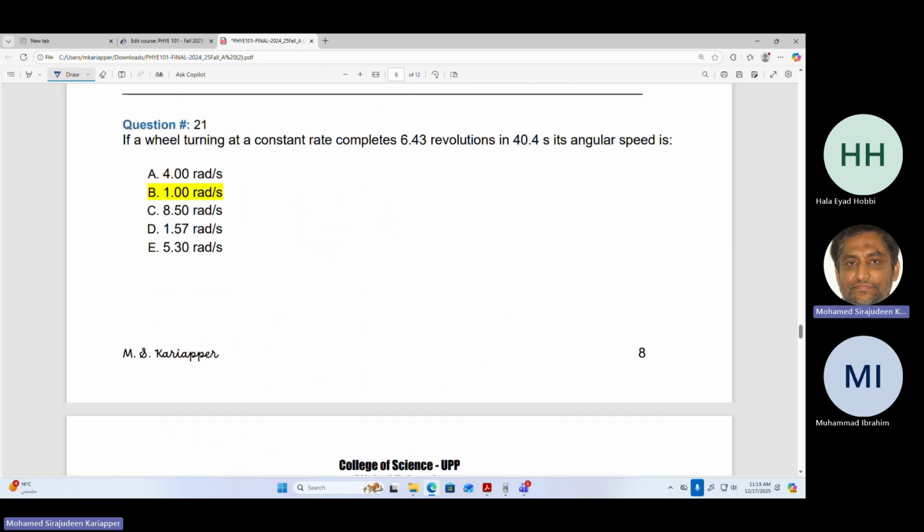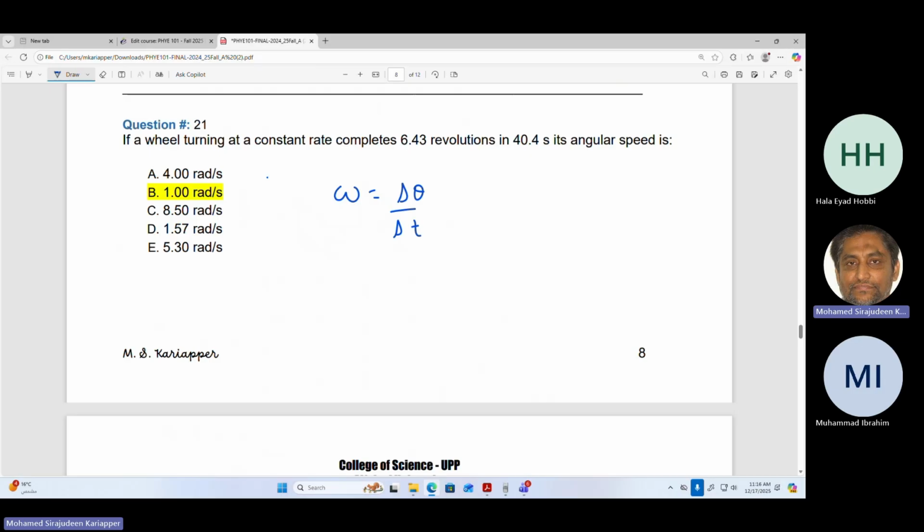Question 21. If a wheel turning at a constant rate completes 6.43 revolutions in 40.4 seconds, find its angular speed. That is also an easy question, just based on the definition of angular speed: omega is delta theta over delta t, right?